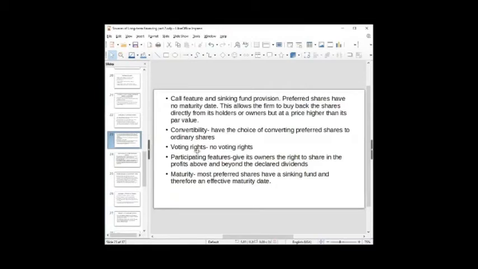And voting rights: of course, preferred shares have no voting rights. They have participating features that give owners the right to share in the profits above and beyond the declared dividends, if this is agreed upon before buying the stocks by the preferred shareholders. Maturity: most preferred shares have a sinking fund, and therefore an effective maturity date is stated clearly.